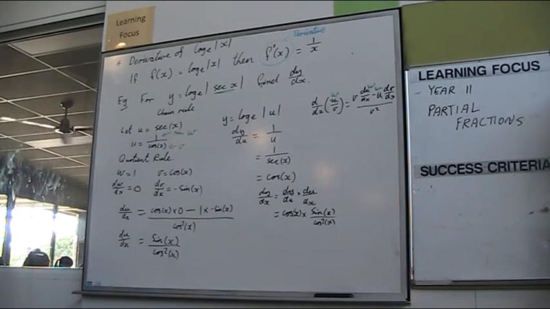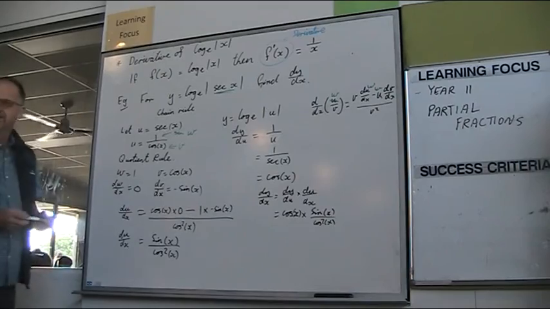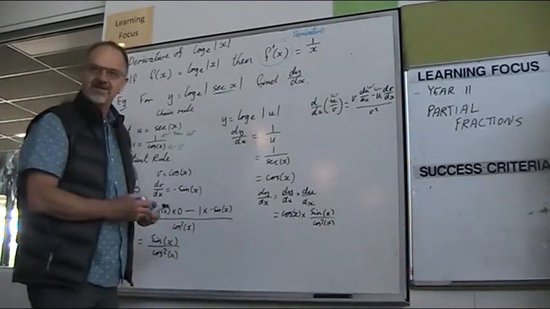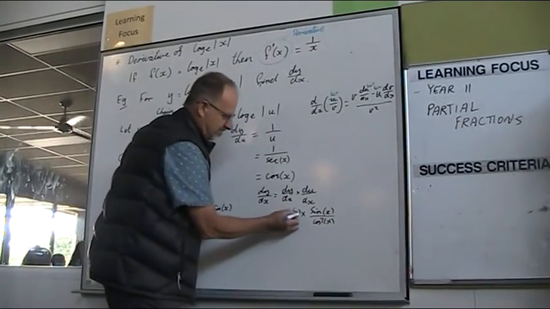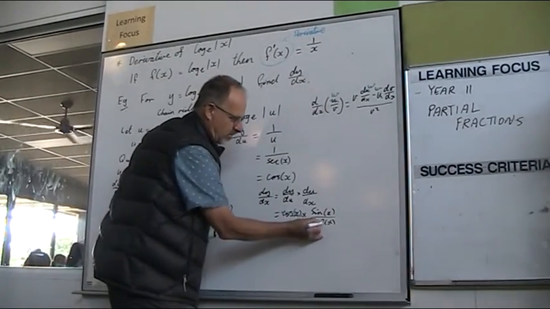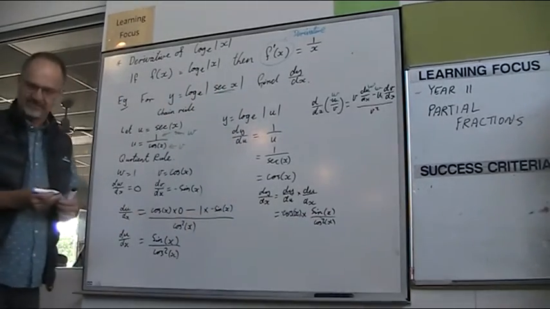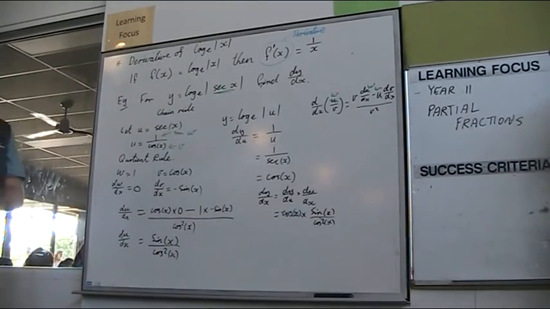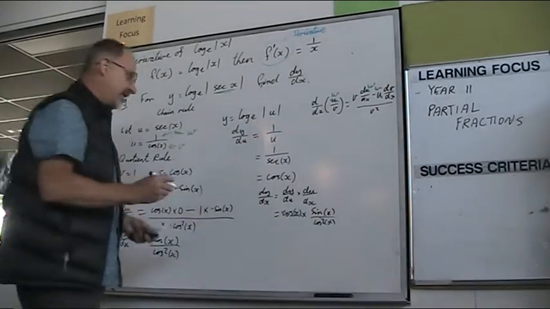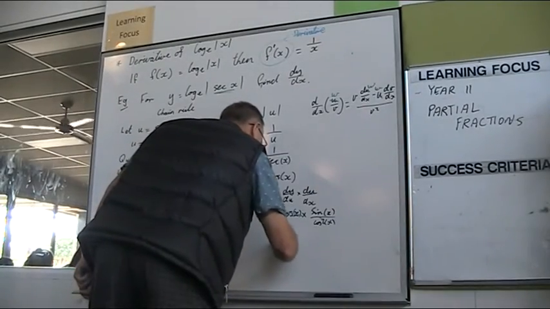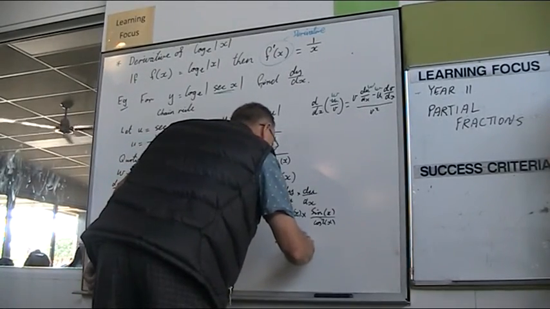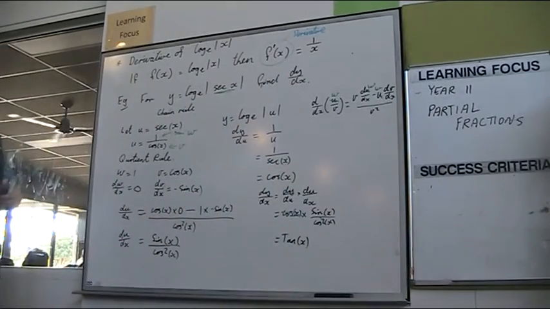Anything exciting here? Got some cancelling? This cos x with one of those. And so we have tan x. All right, so a lot of fiddling around to get our answer.